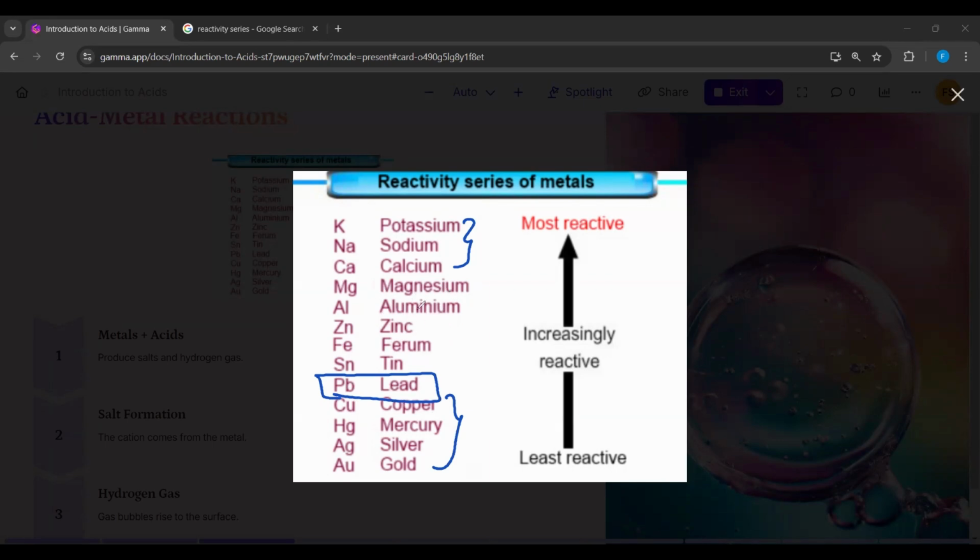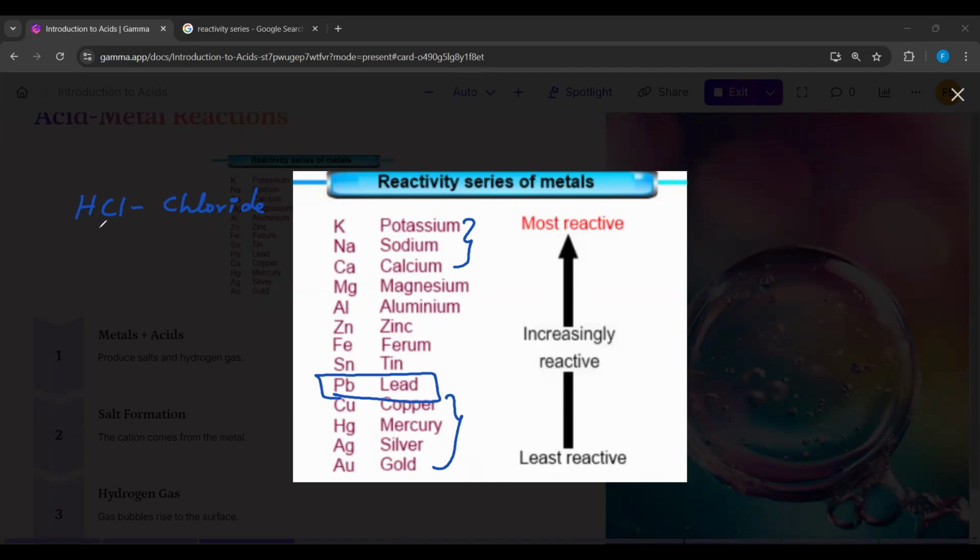The salt made depends on the acid reacted with the metal. For example, hydrochloric acid will always give a chloride. Whatever salt is made depends on the acid reacted with the metal.